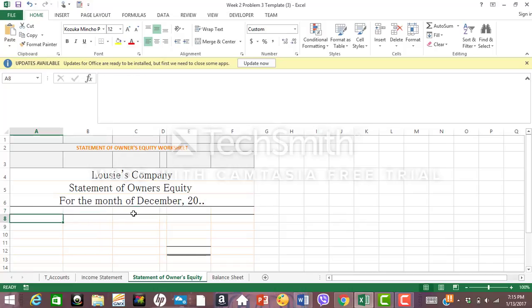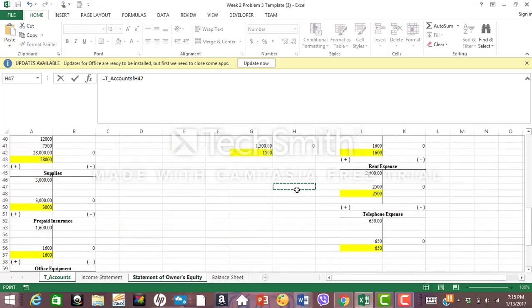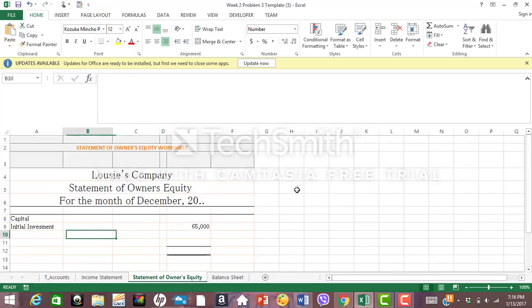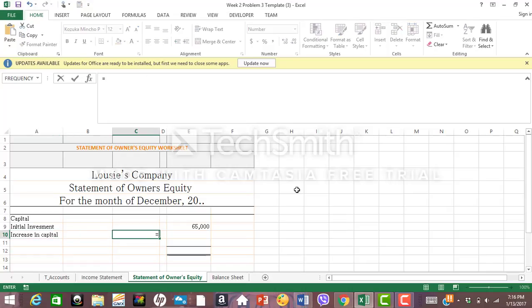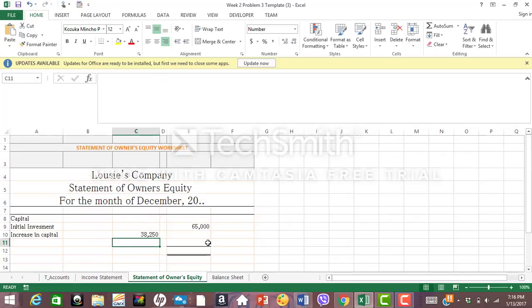Then you start with your initial capital, or initial investment. Your initial investment, let's see up here, is 65,000. And then you want to do plus your increase in capital, which is basically your net income or net loss, which is this one right here from the income statement.